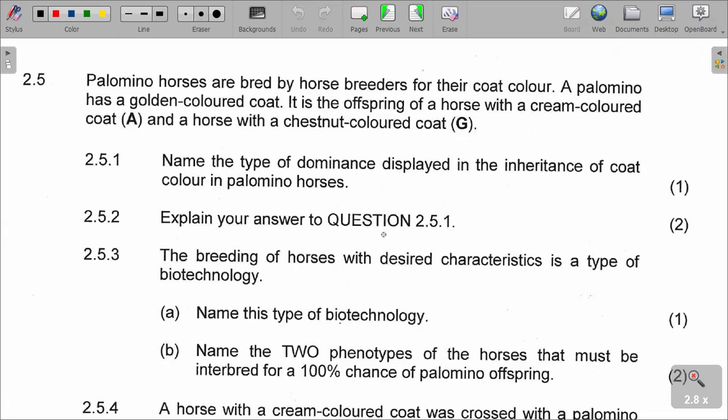It is the offspring of a horse with a cream colored coat and a horse with a chestnut colored coat. Name the type of dominance displayed in the inheritance of coat color in palominos.